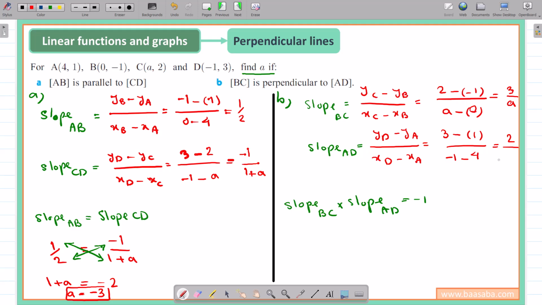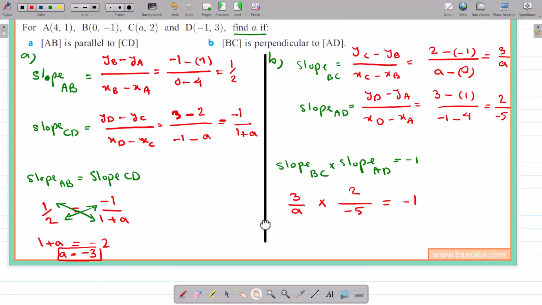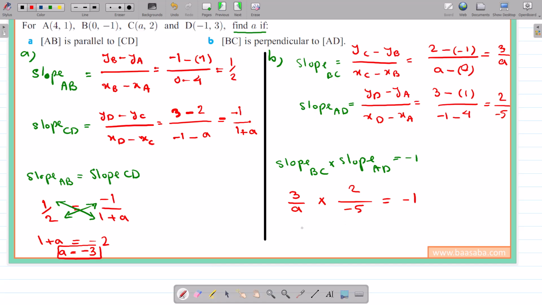So it'll be 2 over negative 5. Now the multiplication of these two gradients should be negative 1. 3 over a times 2 over negative 5 will be negative 1. Let's find a. It's 6 over negative 5a equal to negative 1. 6 is equal to 5a, so a will be 6 over 5.